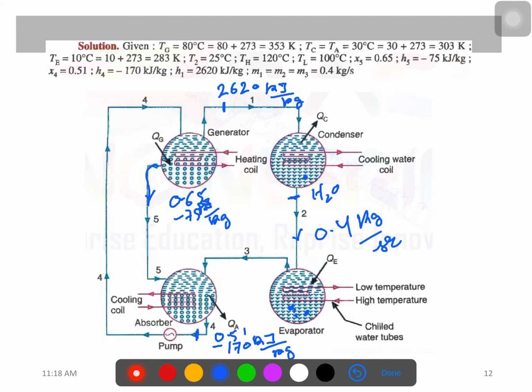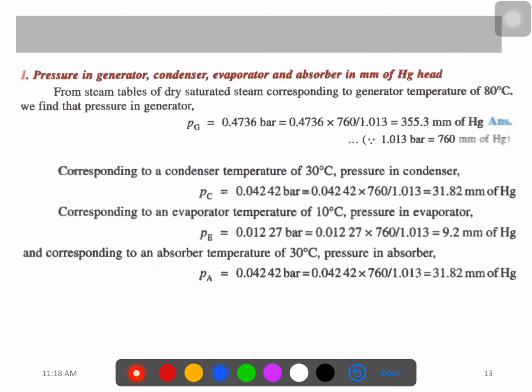So we will talk about saturation. Corresponding to that, the temperature in the generator is 80 degree centigrade, where there is dry saturated steam. So we'll consider that. You can refer to the steam table and get the pressure corresponding to 80 degree centigrade. Same for the condenser temperature corresponding to 30 degree centigrade.